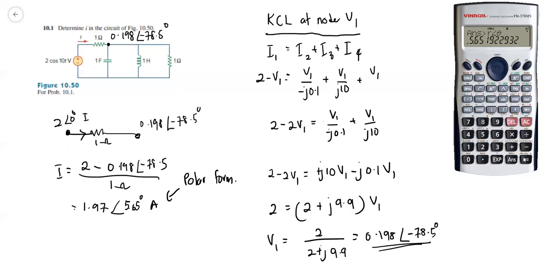This polar form can be written in the time domain very simply: just write down I, with magnitude 1.97, and since the voltage source is in the cos term, write cos, then omega is 10, so 10t, and the phase angle is positive 5.65. So this is your final answer for this question.